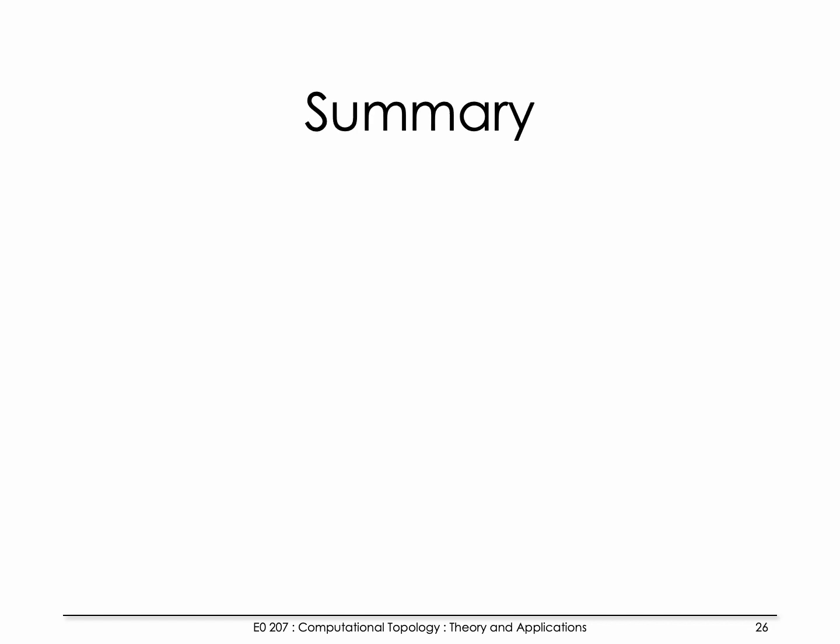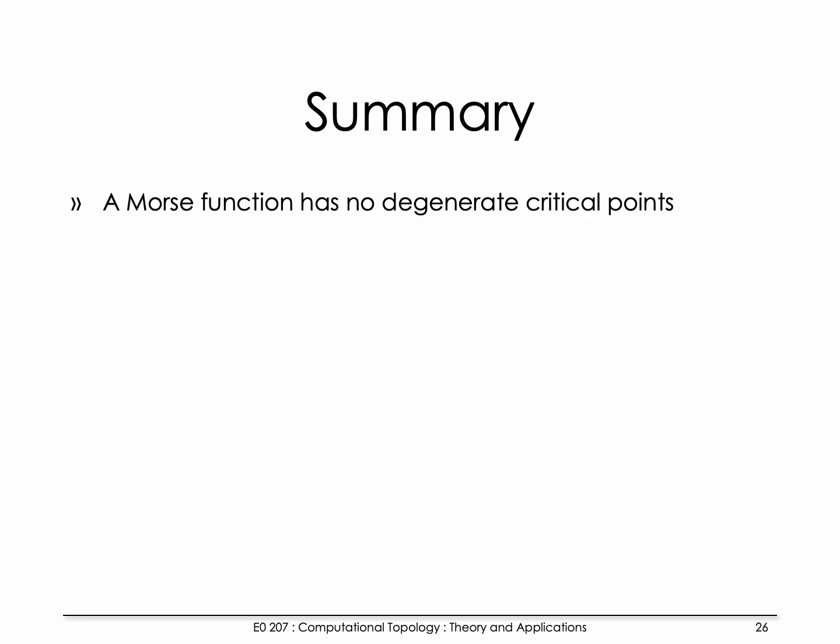So let's conclude. What we have seen in these lectures on Morse functions is the notion of a Morse function. We have seen that a Morse function is a smooth function that has no degenerate critical points. We saw that almost all smooth functions are Morse, in the sense that you can perturb any smooth function and make it a Morse function.